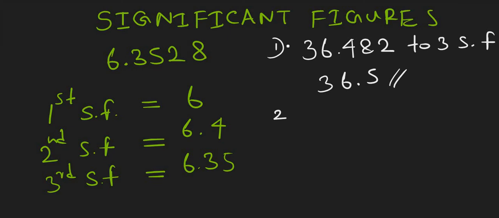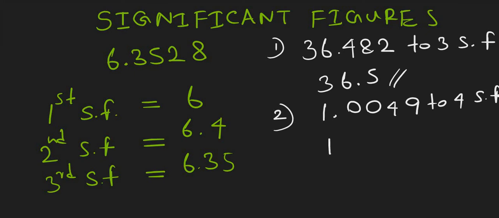Look at example number 2, 1.0049 to fourth significant figures. To write a number to its fourth significant form, we have to consider 5 numbers: 1, 2, 3, 4, 5. 9 is greater than 5, therefore I can say 1.005 is my number to its fourth significant form.